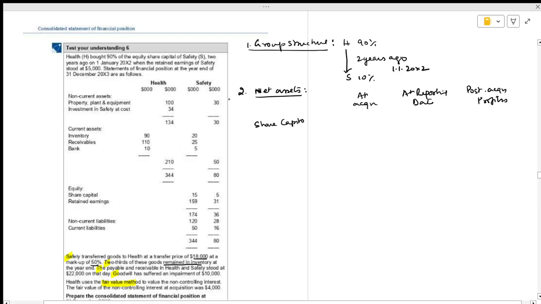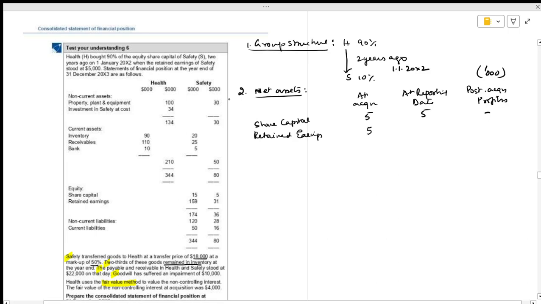Now you can say the share capital of the subsidiary is 5, only the subsidiary. Then you have the retained earnings. How much is the retained earnings? 5,000, this is in thousands. Retained earnings is 5 at acquisition.